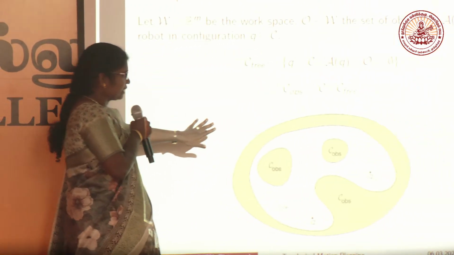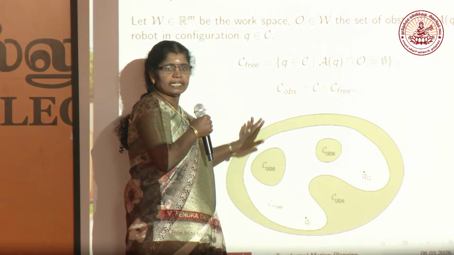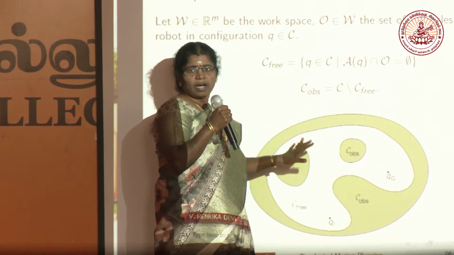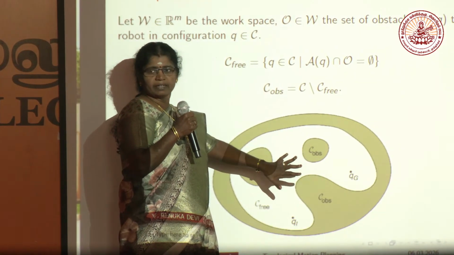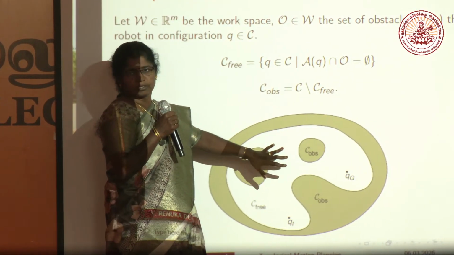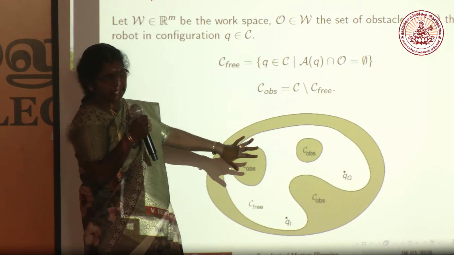We cannot cross the obstacles, that is, we cannot touch the chair, but we have to move from one place to the other place. This W is nothing but our configuration space, which can be treated as a subset of R power M, or it can be taken as the configurations in the configuration space.